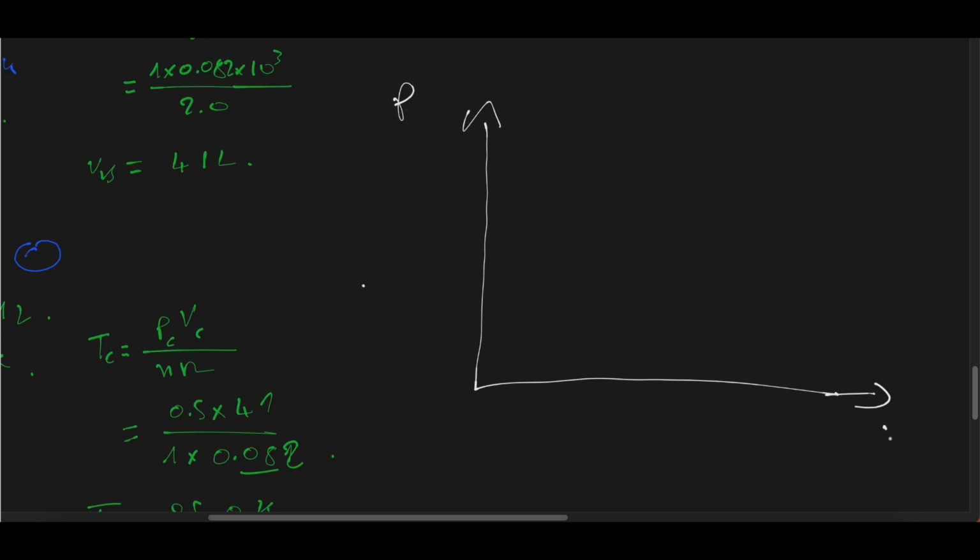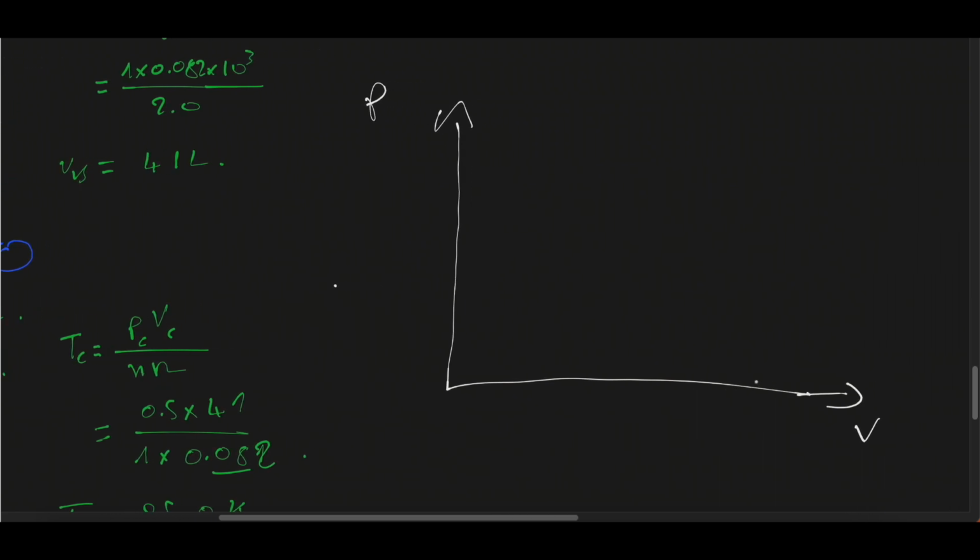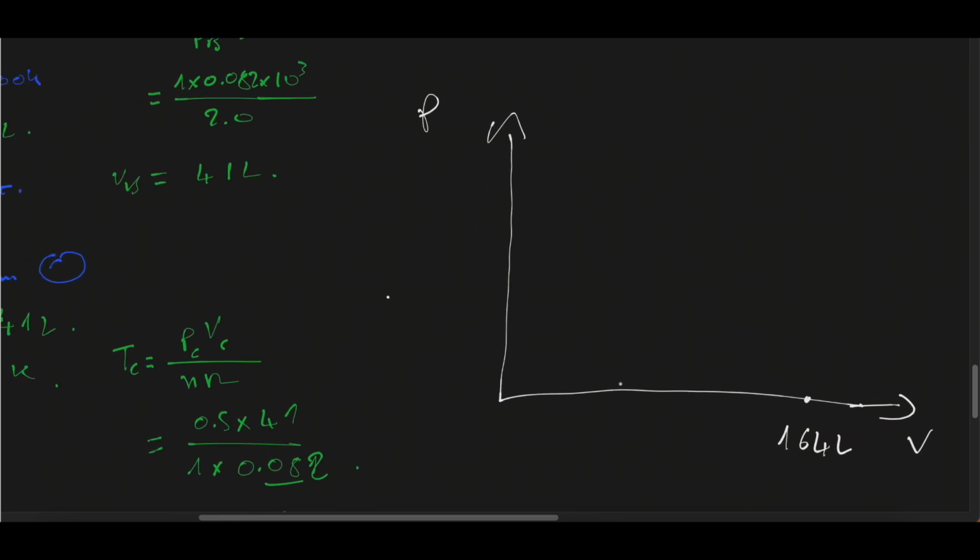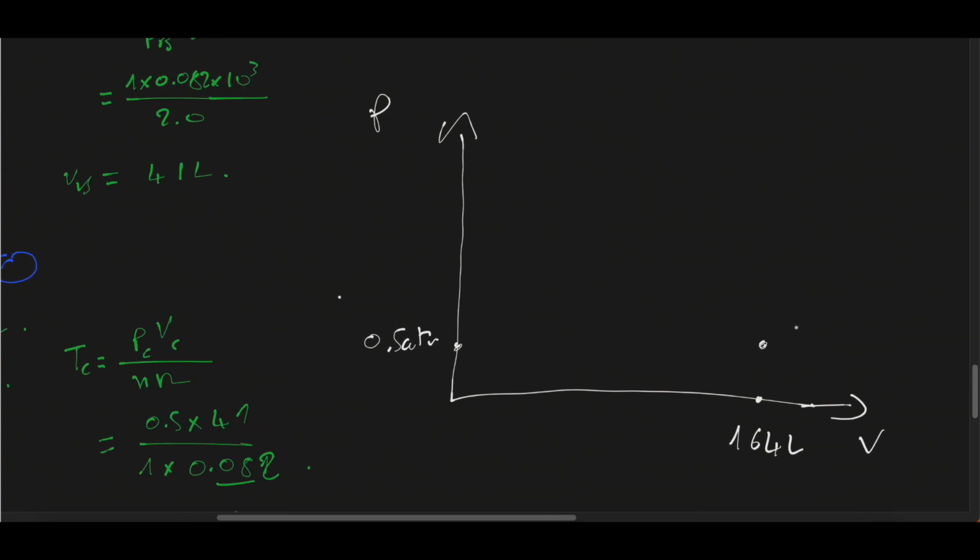So P against V. In state A, the volume is at its highest level, which is 164 liters, and the pressure is at its lowest value, which is 0.5 atm. So state A is spotted here.